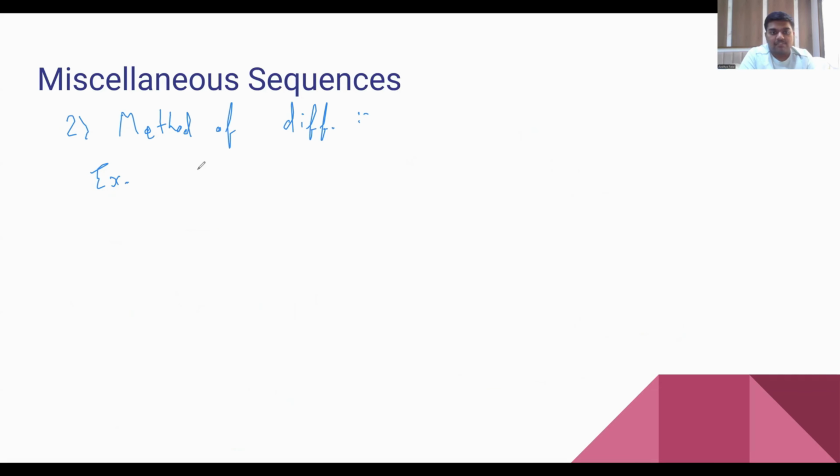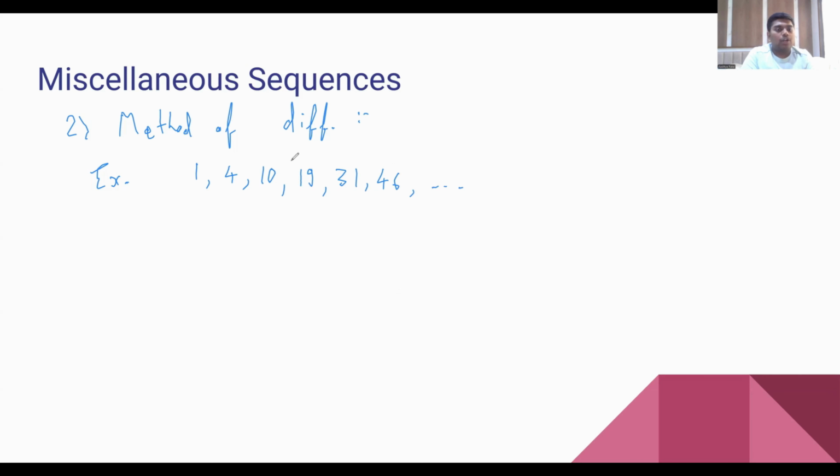Let us say we have the numbers as 1, 4, 10, 19, then 31, then we have 31 plus 15, 46, and so on.